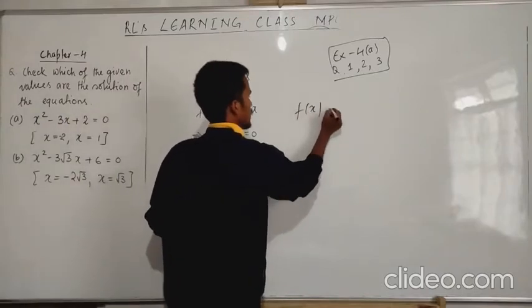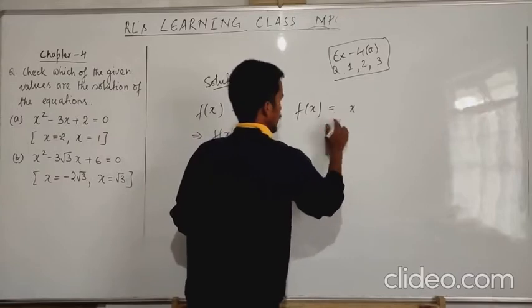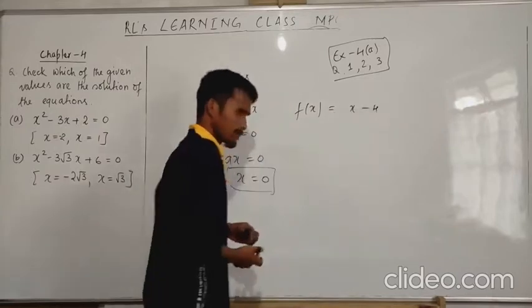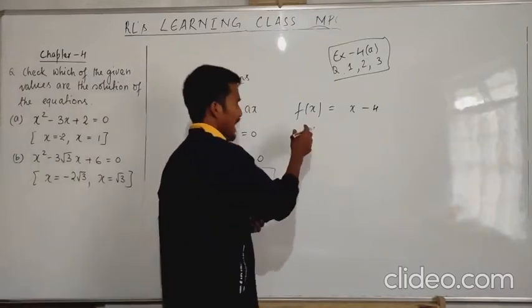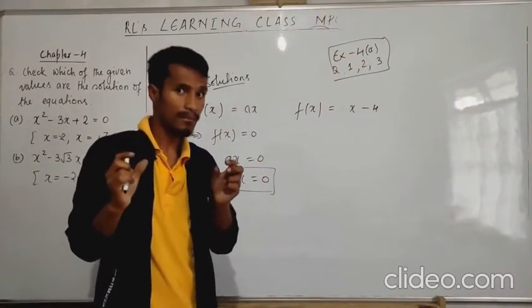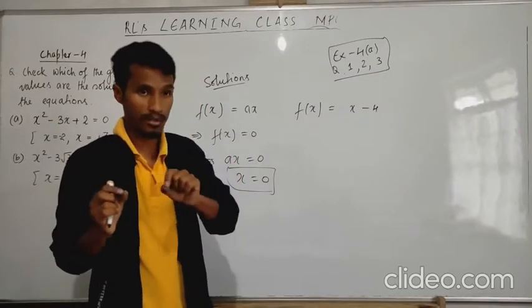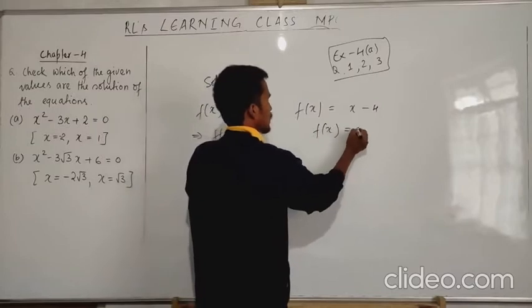f of x is equal to x minus 4. Then what's the solution of this? The solution means I have to get the whole equation equal to 0. Only then is the value the solution. To get 0, I have to get f of x is equal to 0.